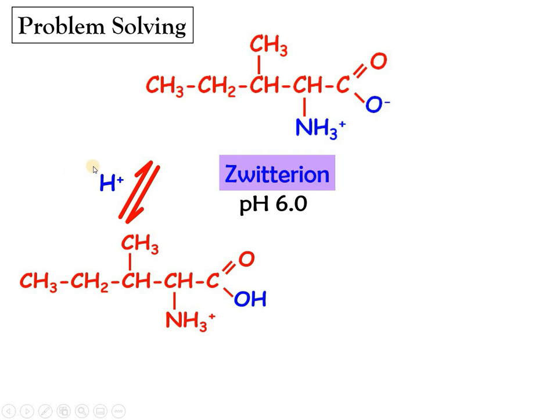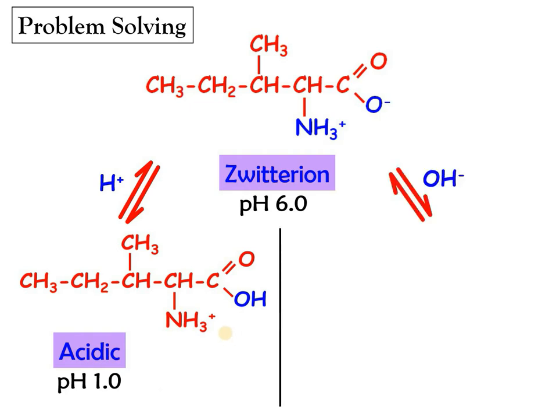In acidic solution, this zwitterion will have another hydrogen, the H plus ion, and it will be attracted to the COO negative part. So now the COO negative part will be COOH. This one is in the acidic form, which is pH 1.0.